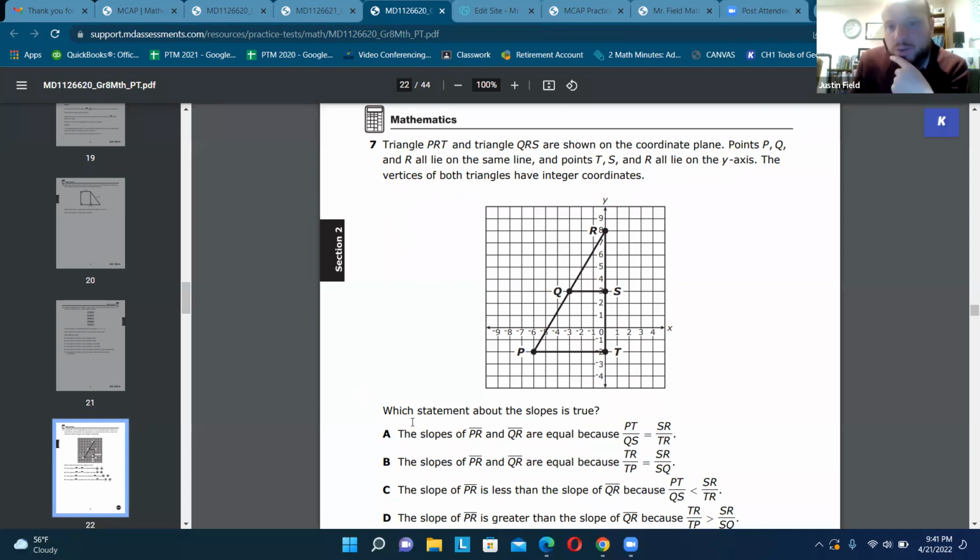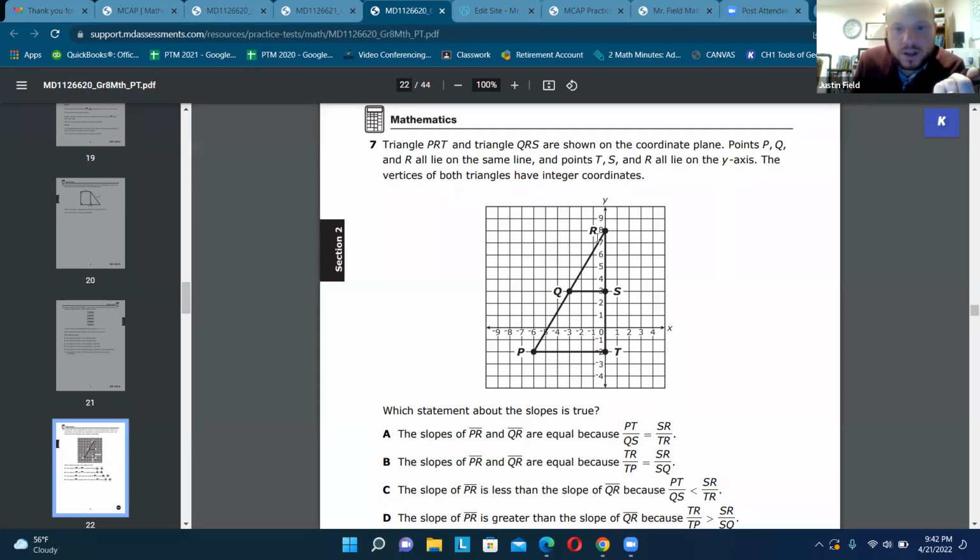Okay, slopes. So I can already see that we have 2 zero slopes, QS and PT, and then the slope of these diagonal lines are the same, and then the vertical line. So PR and QR are equal.